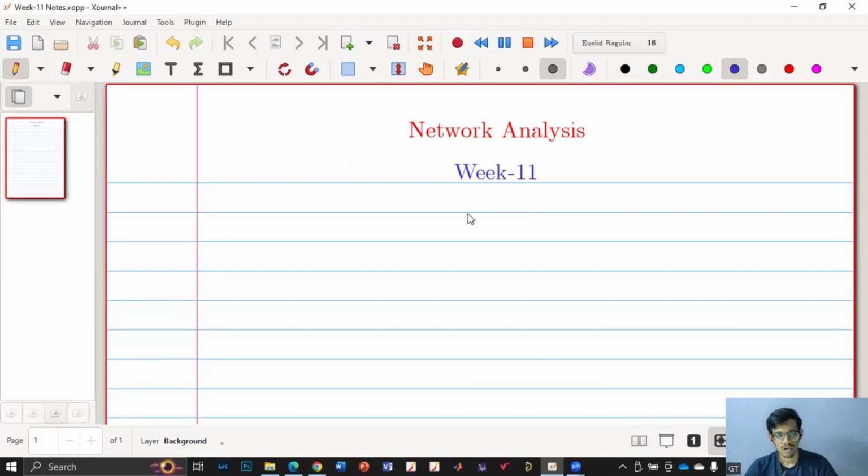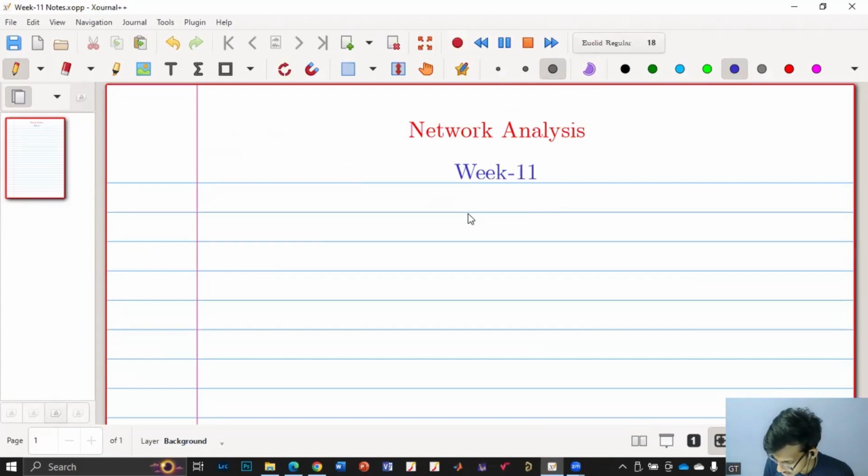We will also discuss how to represent a transformer using the two-port network concept. Then we will discuss the gyrator, only a few aspects, mainly some basic understanding of the gyrator. So today I will start with the series connection of two-port networks.